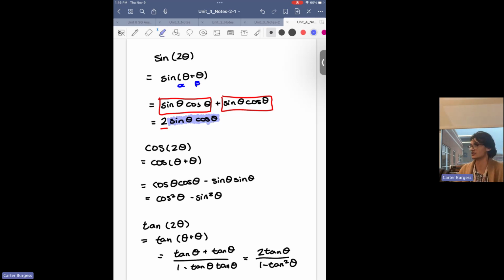It's just that the object looks a little weird. So to the question of why we don't get 2 sine theta, 2 cosine theta: it's because when they are lumped together with multiplication, they are treated like one object. I think that's as good as I can get with that.